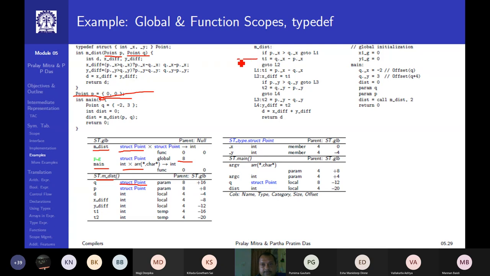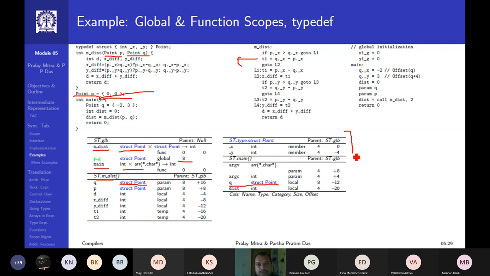So t1 and t2 are coming from the 3 address code generation, temporary ones, and that's why you see them coming last, because first the arguments, then as I proceed, I am exploring new local variables, I am entering those, and then when I see the 3 address code, then I am basically entering that information also. Now along with that, main is fine, main is there, and one q struct point information is there.